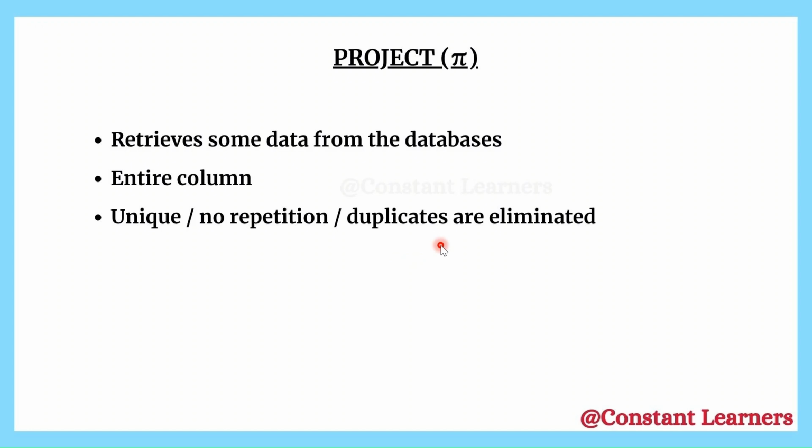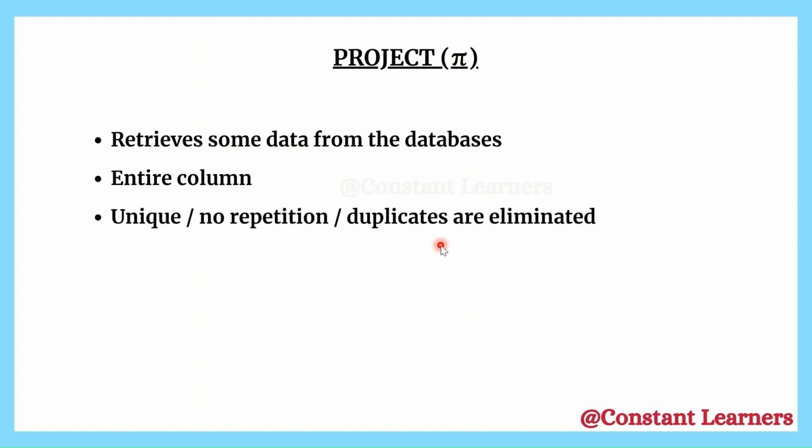So we will get only one entry. That means if there are 3 students with the name Manoj, then the output table will only contain one Manoj, a single entry and not 3 different entries. So the repetition is eliminated in the output of project operation.